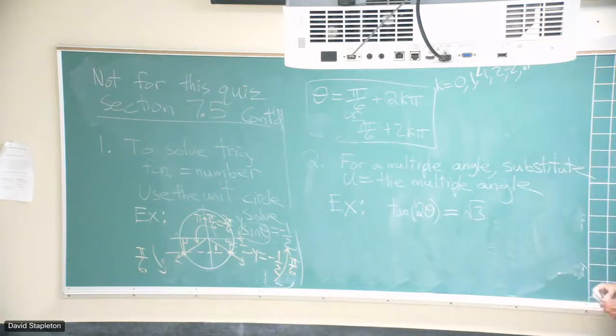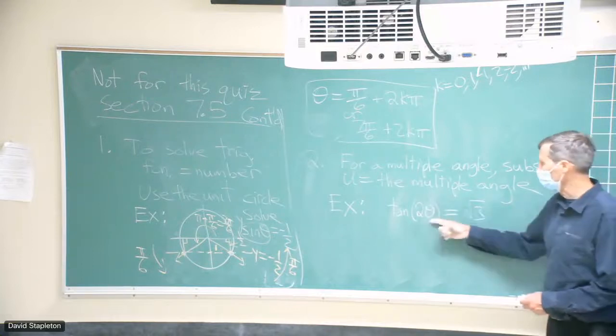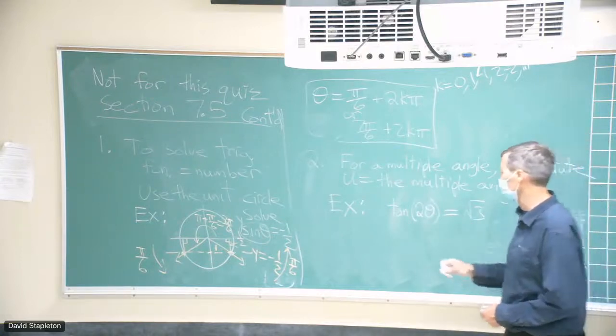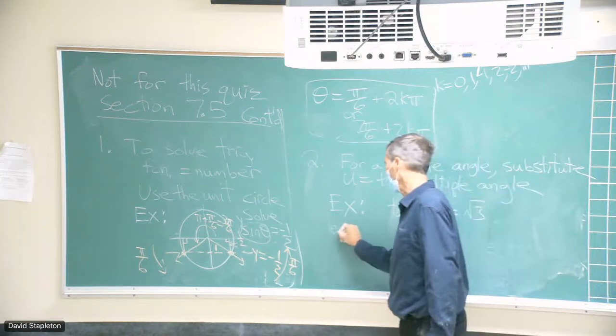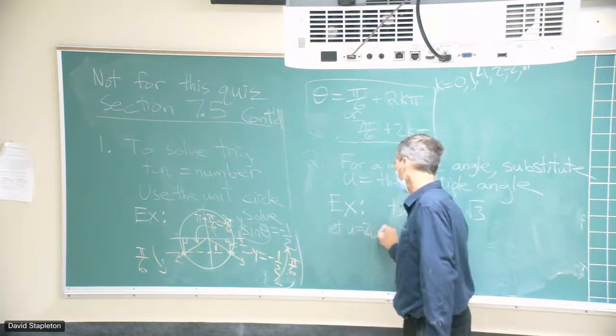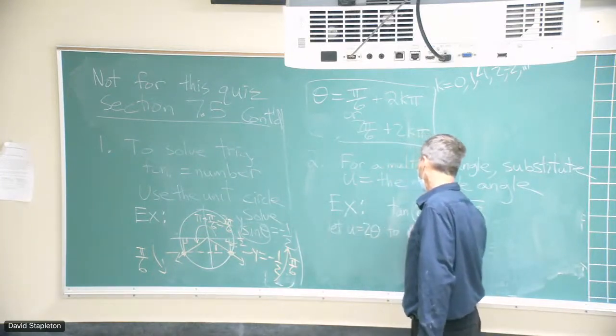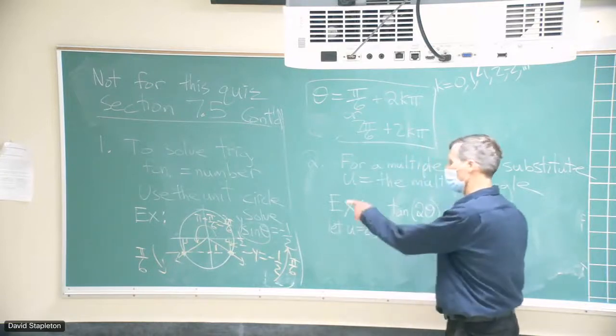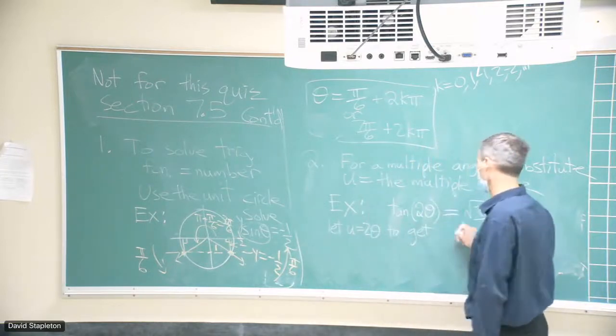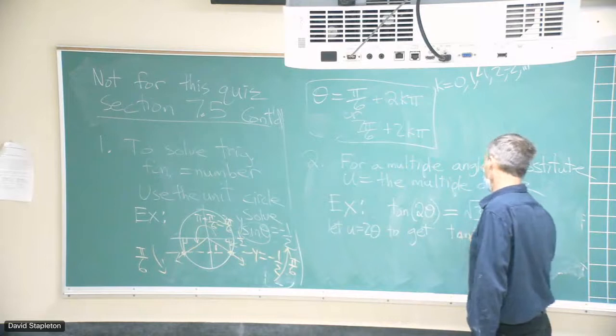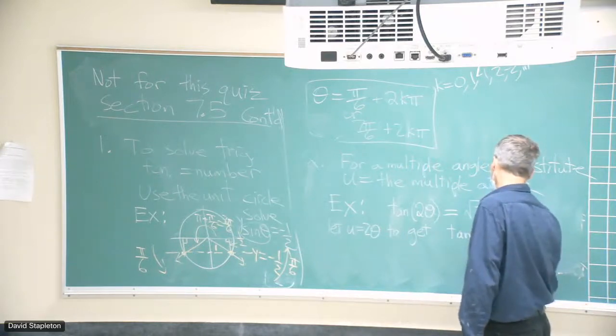How do I solve that one? When you see a double angle or any multiple of an angle, the first thing you do is let u be that multiple angle, 2 theta in this case, to get a single angle. Then you go back to step one. It's the house that Jack built. Tangent of u equals square root of 3. Go to method one.